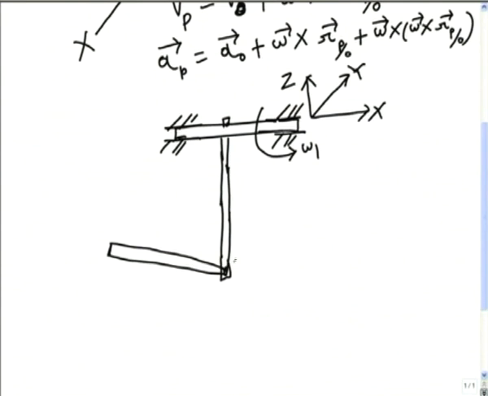If I attach another axis system, if this point I call A and this link is B, the third link is BC. Here I attach small x, then y, and then this is z.